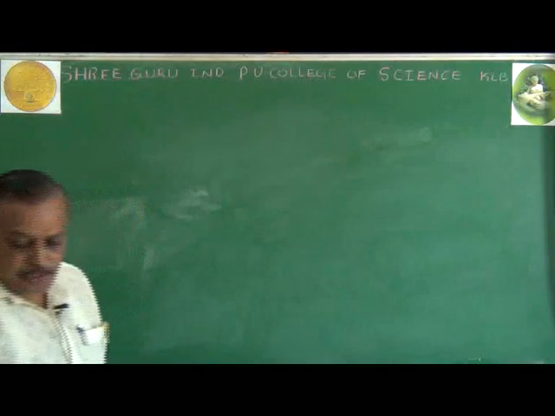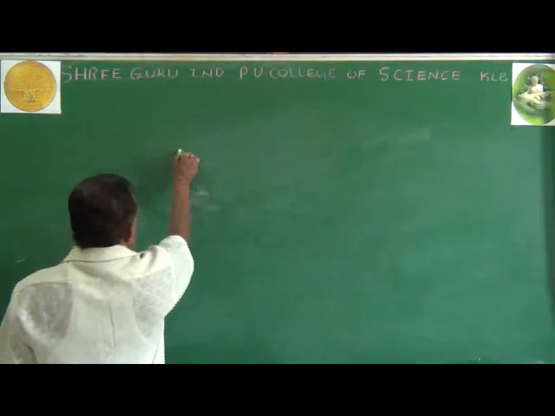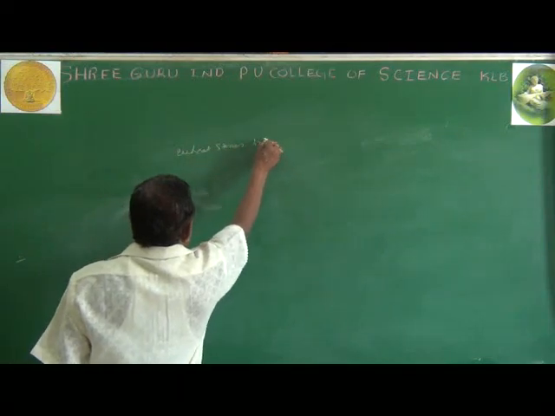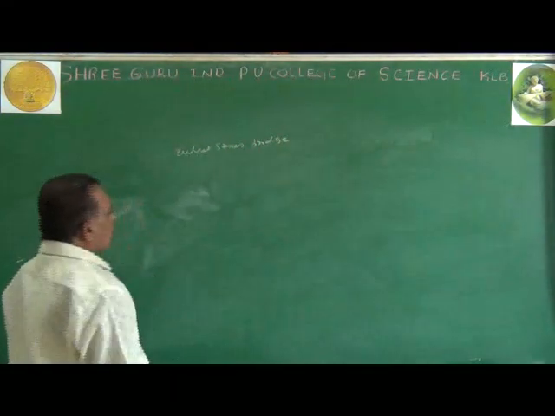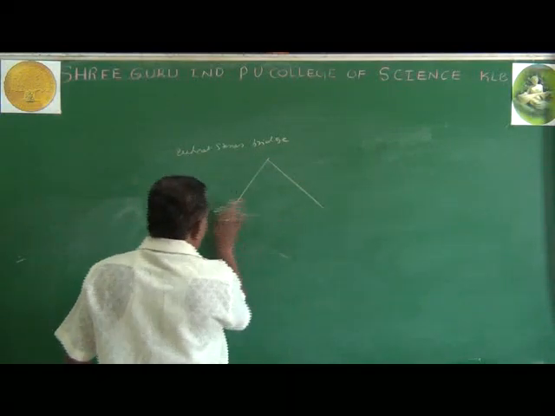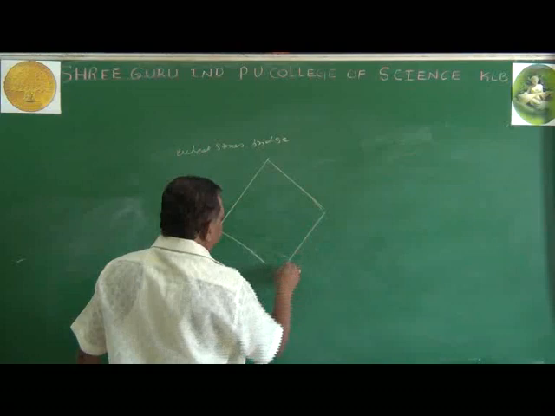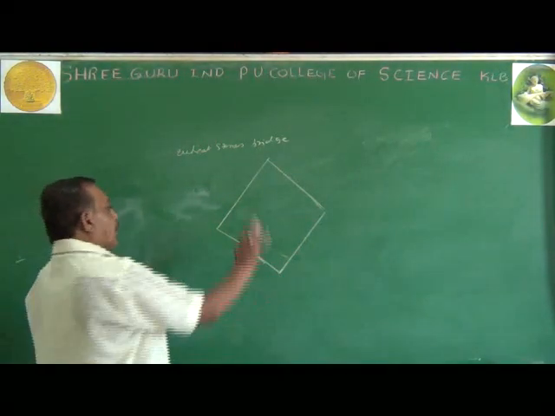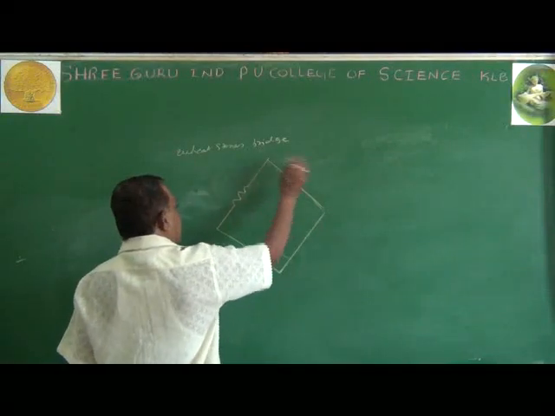Wheatstone bridge or Wheatstone network. It is simply a quadrilateral. Each arm of the quadrilateral has a resistance.